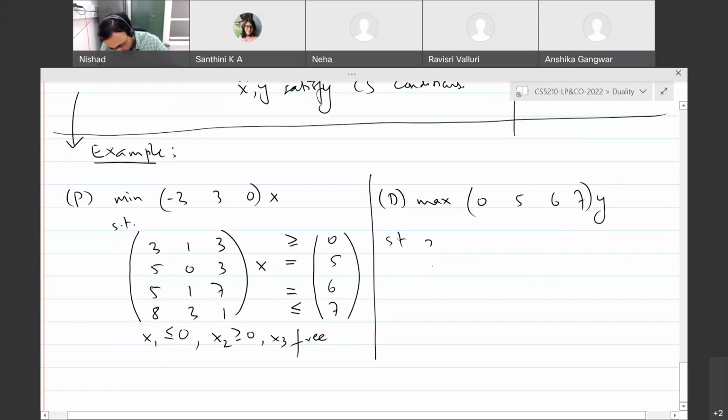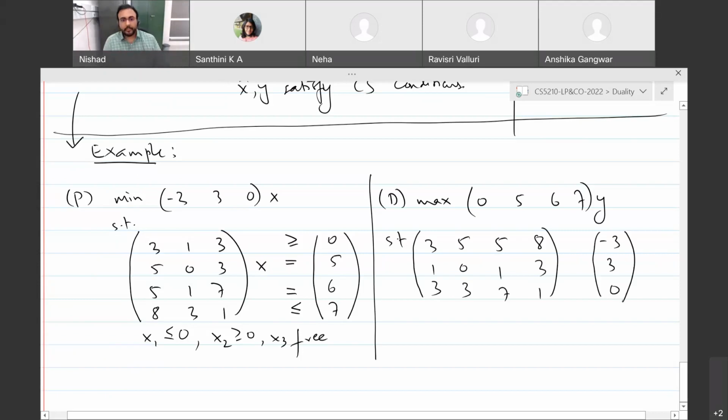So we have 313, 503, 517, and 831. And on the right hand side, we have the objective function from the primal. And let's put down the inequalities next, and then we also have y1, y2, and y4.